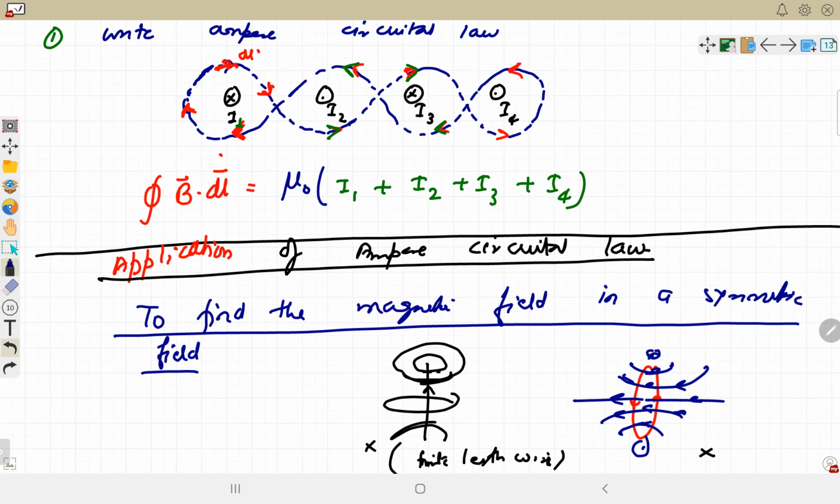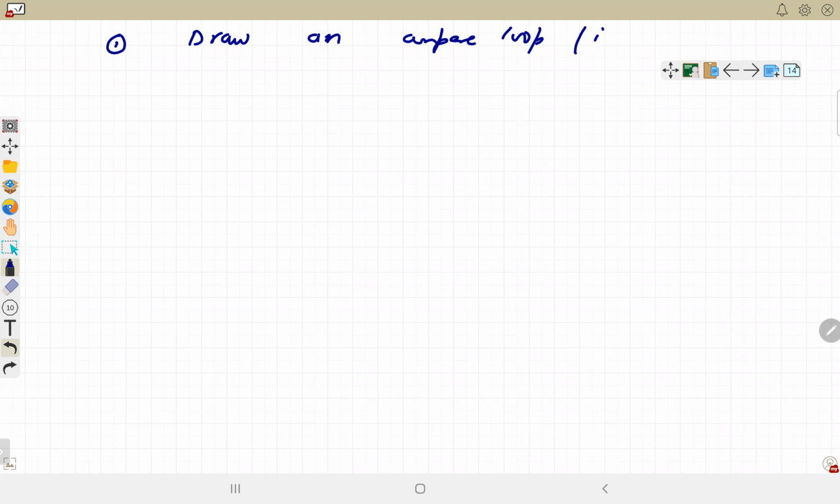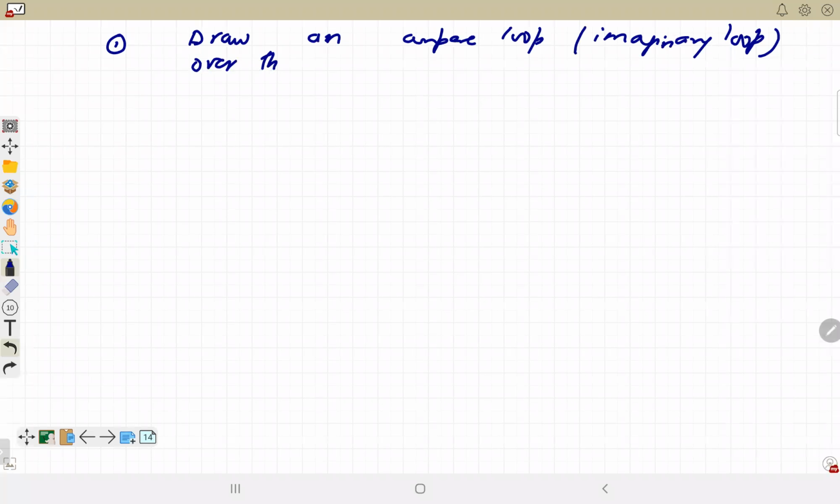So if you have to do the symmetric, first we identify the symmetry region. Step one is draw an Ampere loop. Ampere loop means imaginary loop that is not there. We are just trying to apply the integration of B dot dl. Imaginary loop over the magnetic field line. Now, why it is required over the magnetic field line?